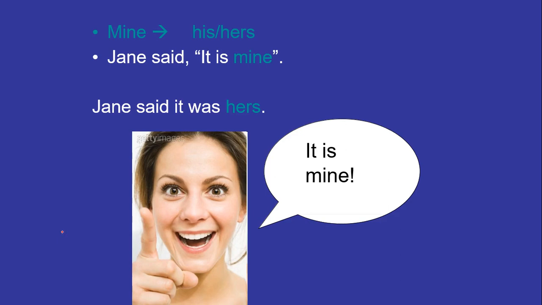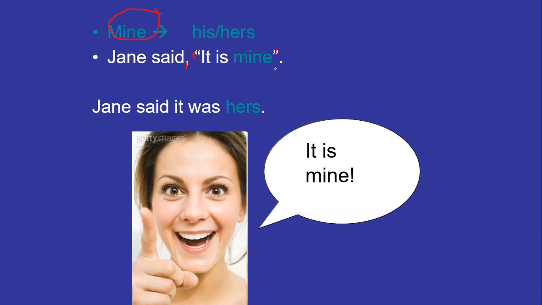"Mine." If there is "mine," you have to change it to "his" or "hers." The pronoun changes to "his" or "hers." Let's take a look at the example. The direct speech is Jane says, "It is mine."